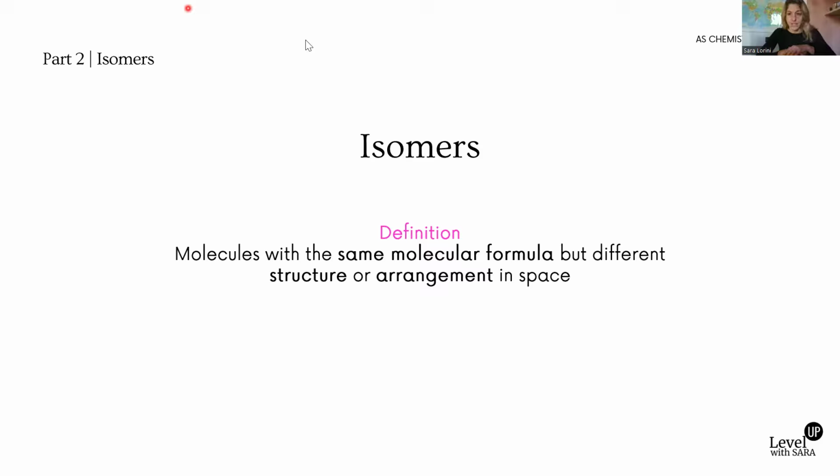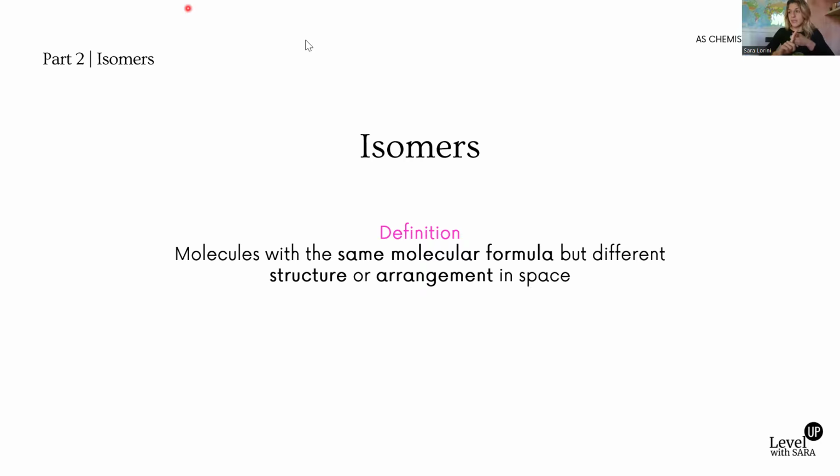But anyway, that's for next year. If you're asked this type of question, it is going to be a challenging one. One challenge is in these more open questions where you have to work out the structure and you're given a hint of the type of isomer. So let's go through the basics.